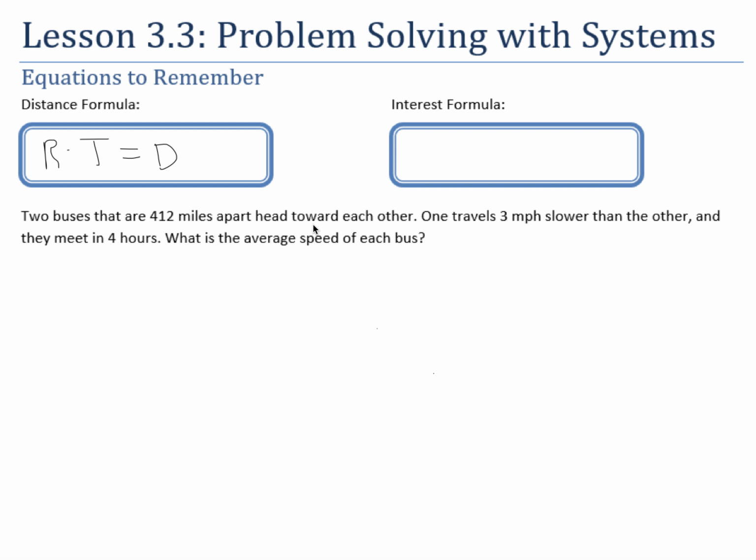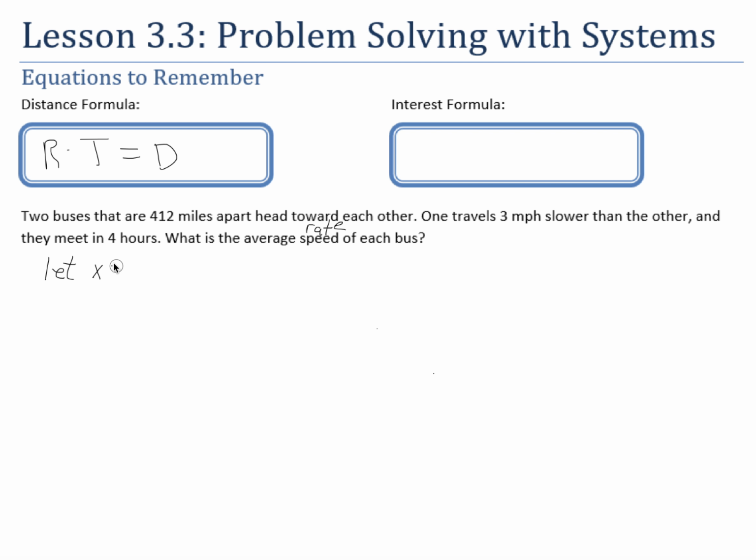And speed we know means rate. So what's the average rate of each bus? As we read through that, one thing we realize is we want to find the rates. What's different now with using systems of equations is we can actually have two variables. Before, we tried to get everything into just one variable. Since those are our unknowns, we'll use x and y.